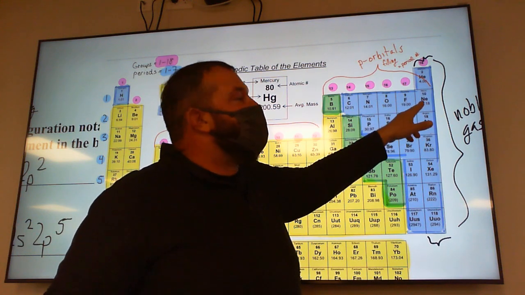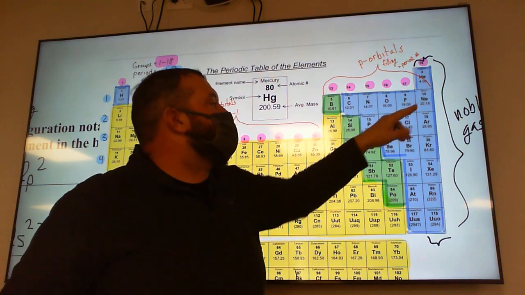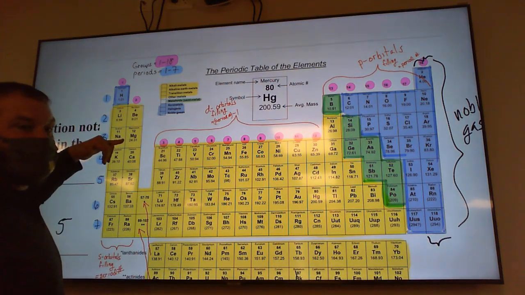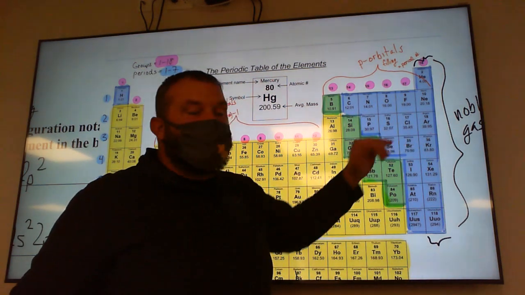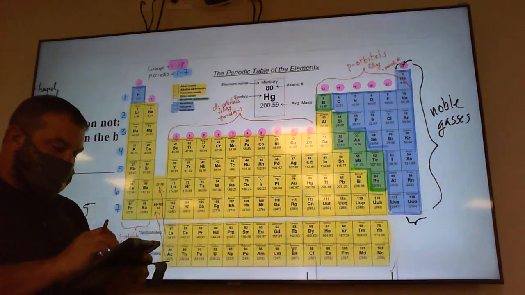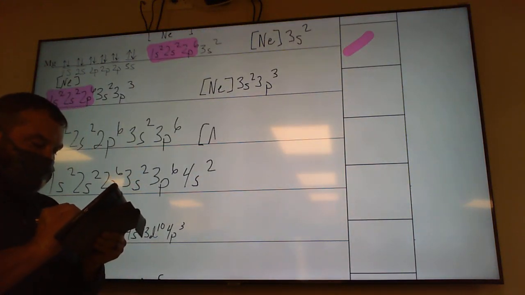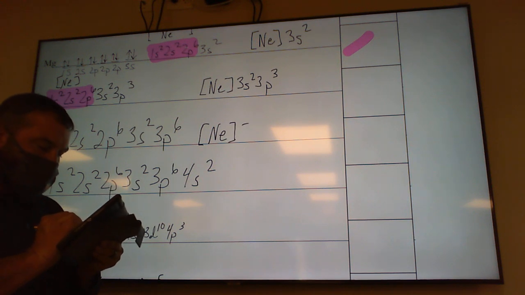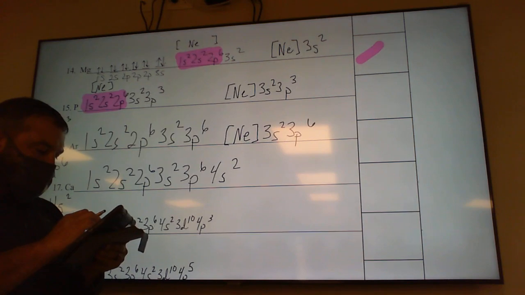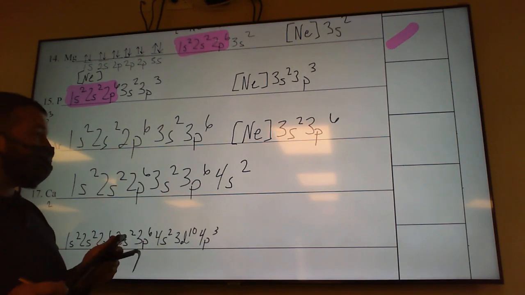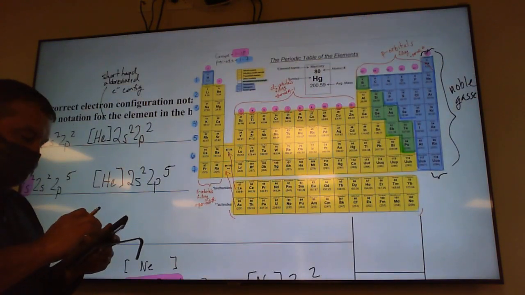I can put neon in brackets. It ends in 2p6. And then I can go 3s2, and then 3p6. So to do argon, I know that it's going to be Ne, 3s2, 3p6.